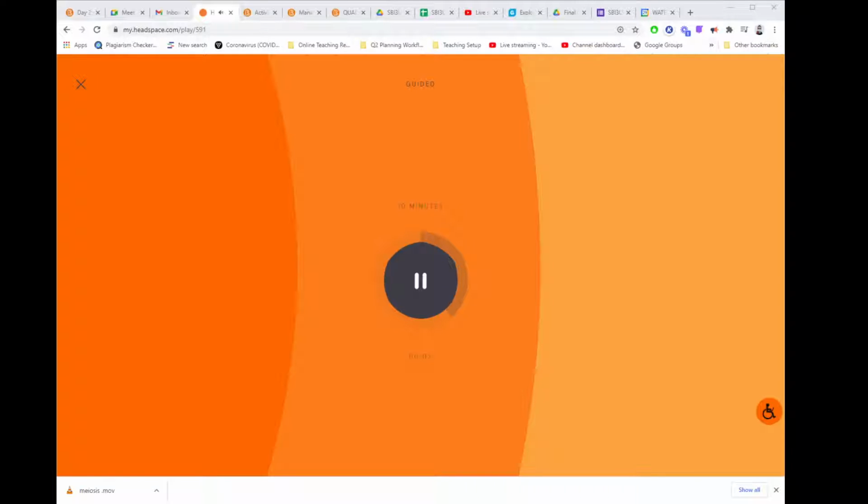Noticing any sense of heaviness or lightness in the body. Noticing if the body feels at all restless or perhaps particularly still right now. And then starting at the top of the head, just scanning down through the body, all the way down from head to toe.